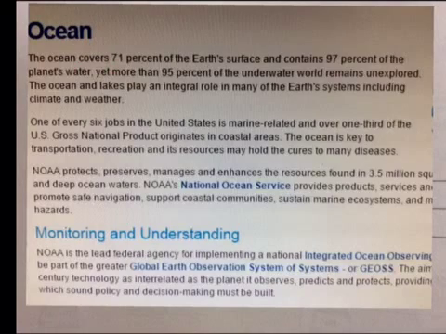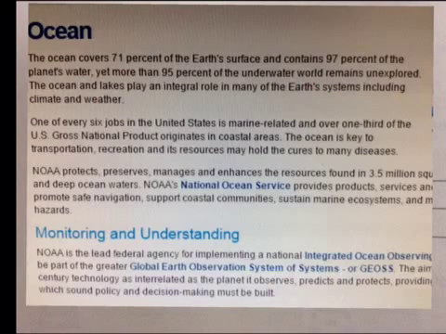This is very interesting. More than 95% of the underwater world remains unexplored. It means we don't really know everything that's underwater. The ocean and lakes play an integral role in many of the Earth's systems, including climate and weather. That's right.